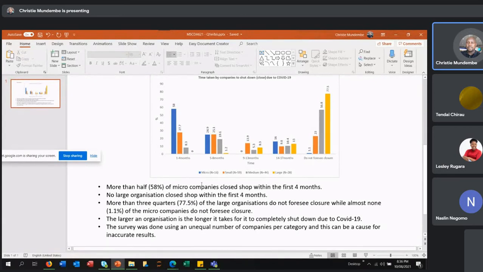Of course we are using proportions here, but in terms of comparing, the unequal sample size can result in bias or inaccurate results. If the sample is big, it doesn't matter, but a smaller sample is a problem. So we also pointed that out as another issue.